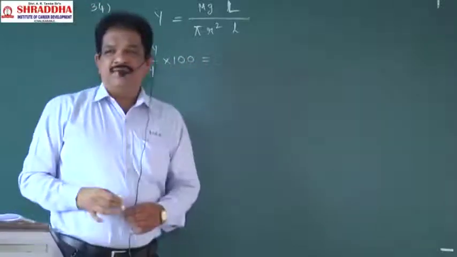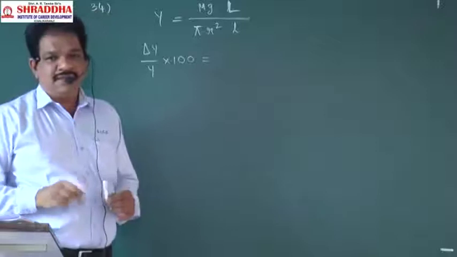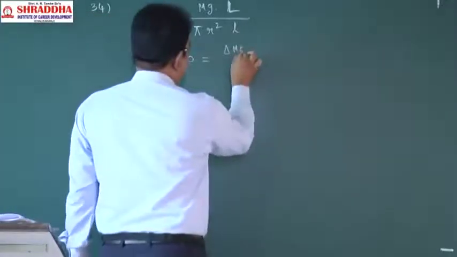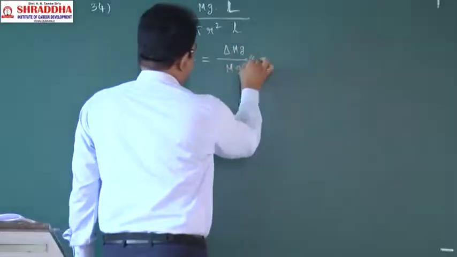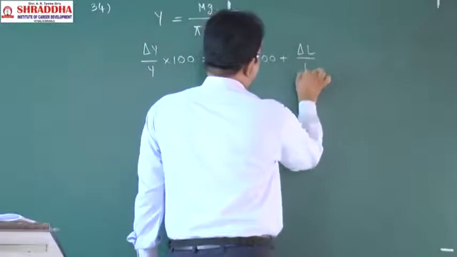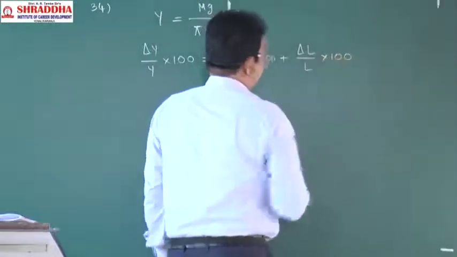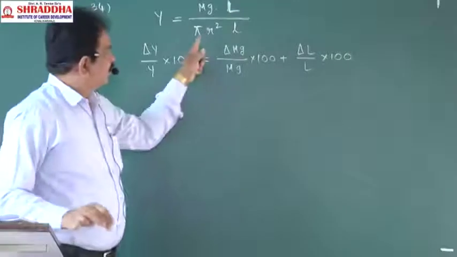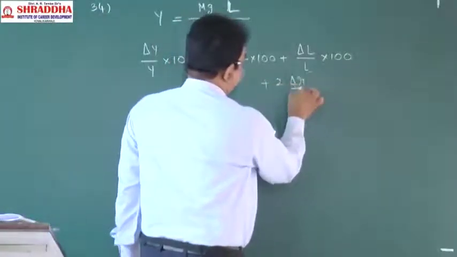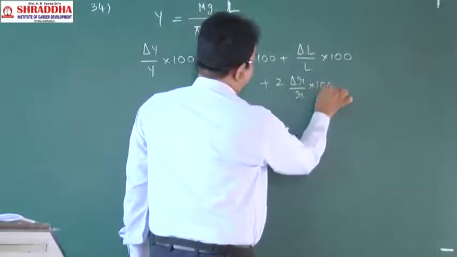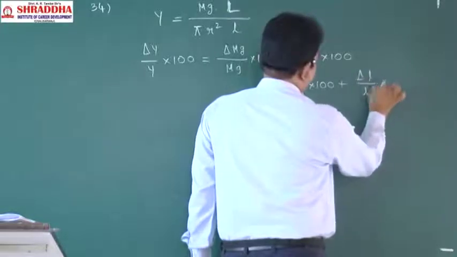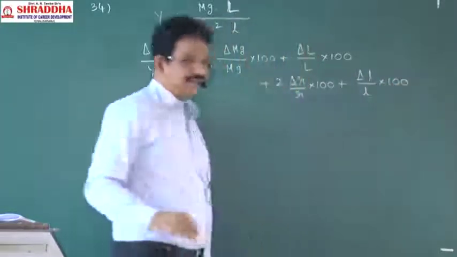They considered mg as a single quantity. So delta mg by mg into 100, plus delta L by L into 100, plus 2 into delta r by r into 100, plus delta l by l into 100.